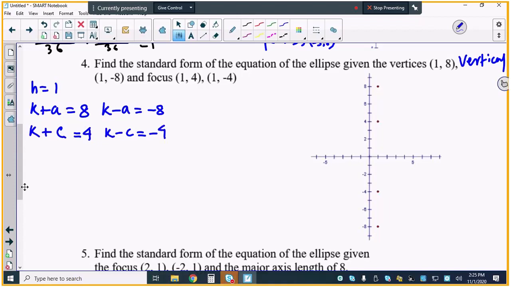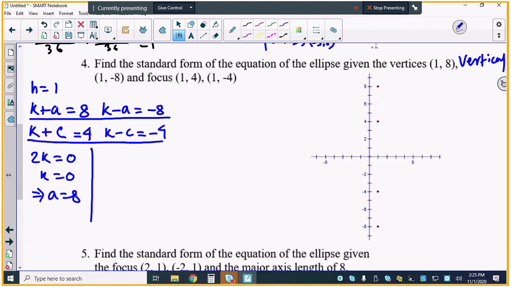So from these two equations, k plus a equal to 8 and k minus a equal to -8, I get 2k equal to 0, so k is equal to 0, and that simply means a is equal to 8. From these two equations, you get 2k equal to 0, since k is equal to 0, c is equal to 4. So c squared is equal to 4 squared, which is 16, equal to a squared, which is 64, minus b squared.